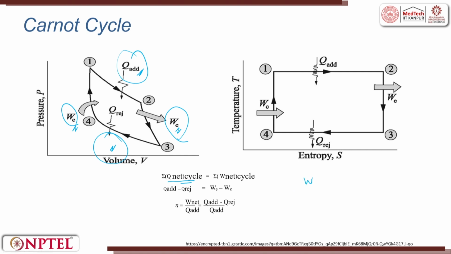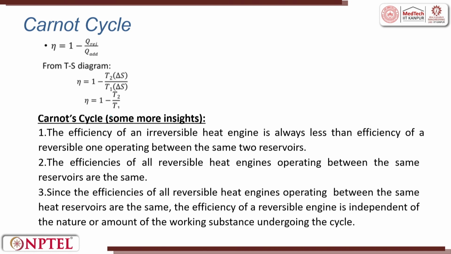Work net is WE minus WC. So, W net divided by the heat added to the system, which is Q add minus Q reject divided by Q add. If you are looking for the efficiency, it is going to be 1 minus Q reject by Q add.